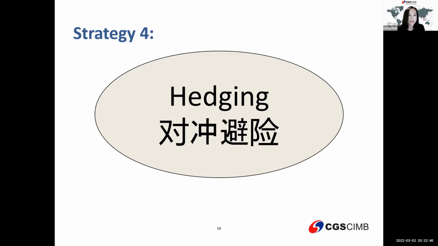So what happens is that instead of just holding it and suffering the paper loss, they can use CFD, because it gives you the ability to short sell. So they can use CFD to short sell the similar counters, or maybe the relevant index, to do some hedging instead.